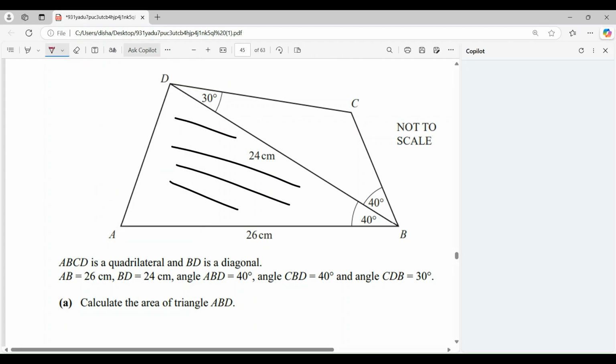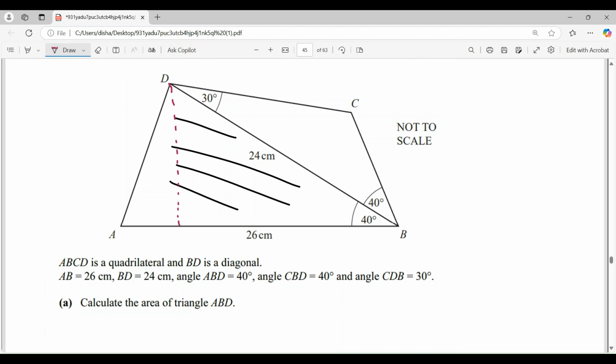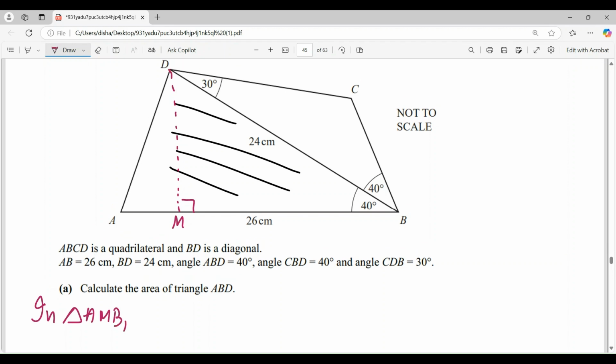So from D, I'm constructing the height. So this is D, 90-degree, and we have a right angle triangle here. Say this is M. So in triangle AMB, I can find the height.